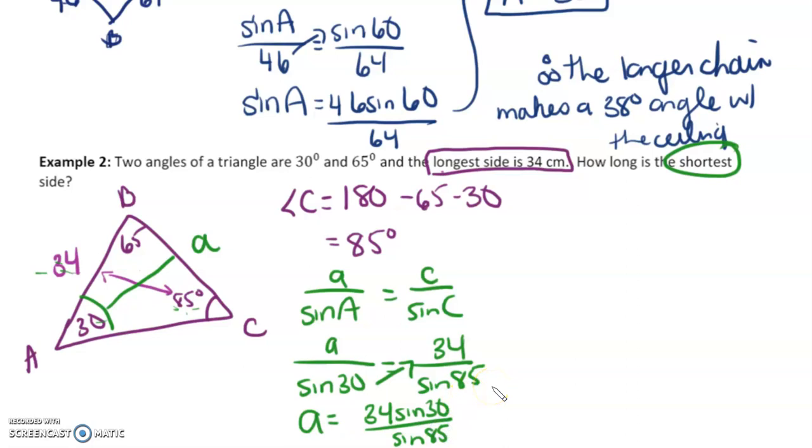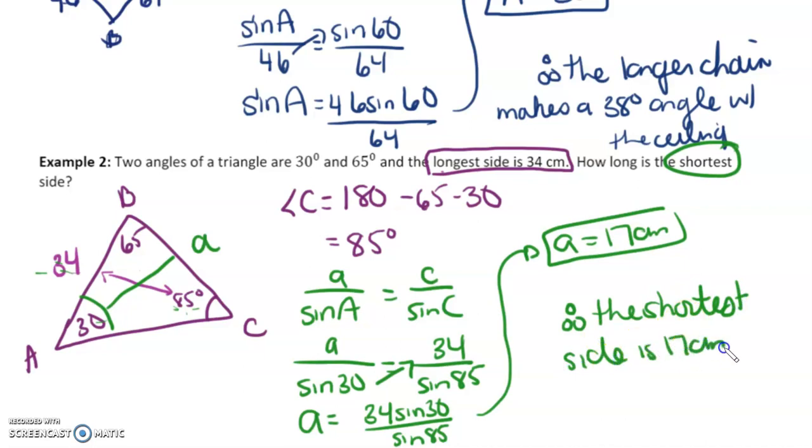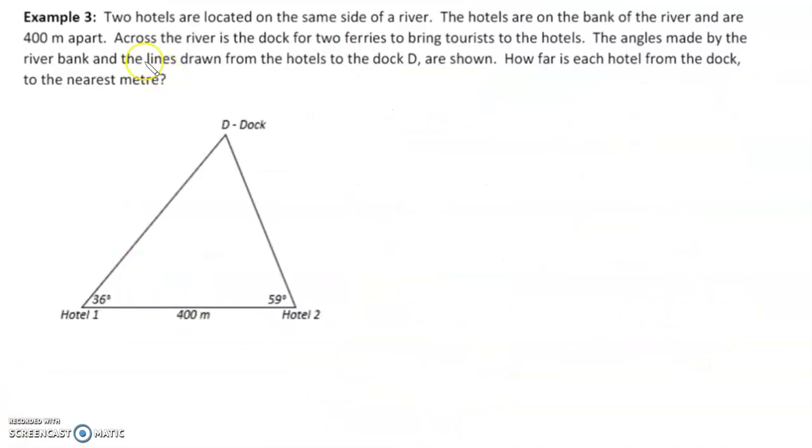And if we put this entire thing into our calculators in one shot, which we can do, we're going to get A equals 17, and that's measured in centimeters. This is not really a word problem, but we can say therefore the shortest side is 17 centimeters.